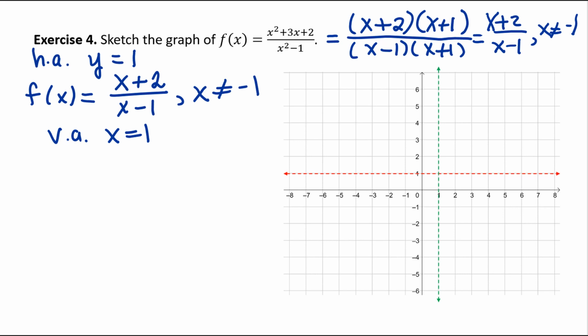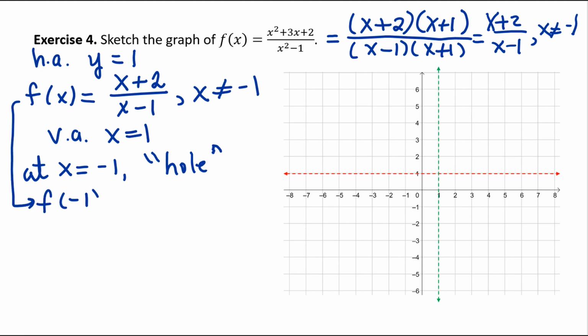Let's go back and think about what happens at x equals -1. What happens is that the graph ends up having a hole instead of a vertical asymptote. What does that look like? Well, let's evaluate it in the simplified version.